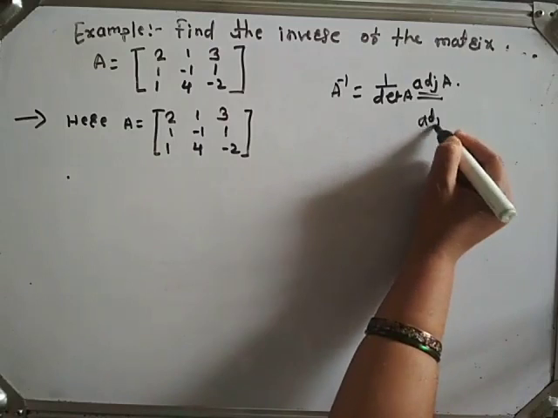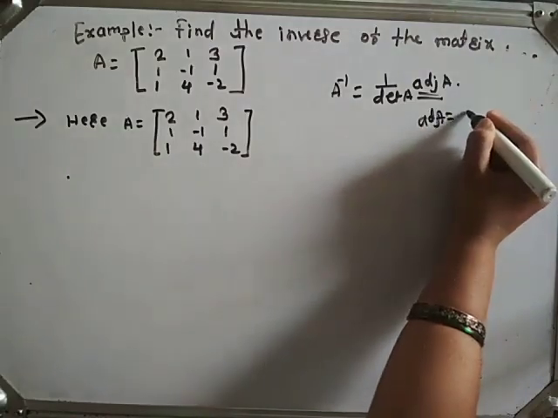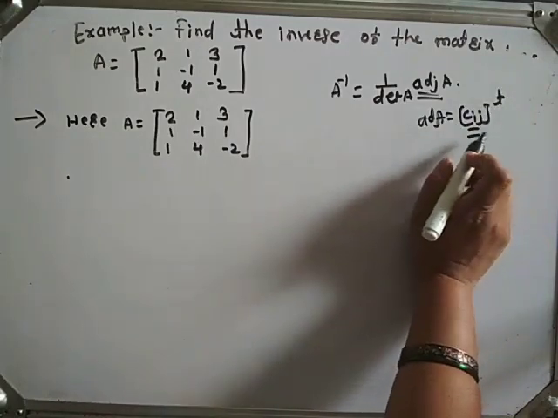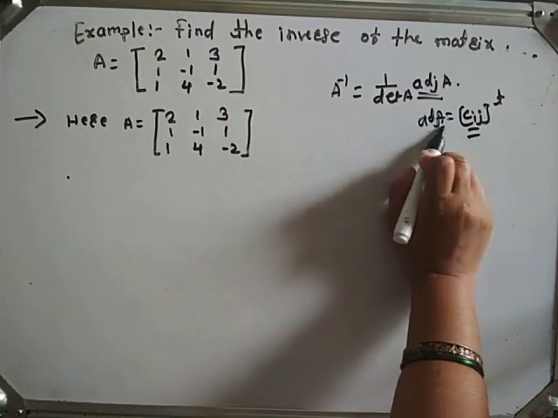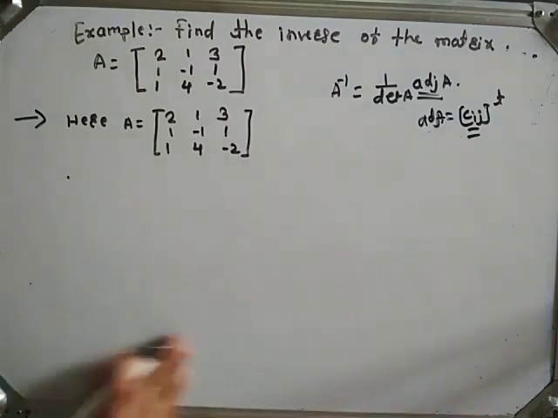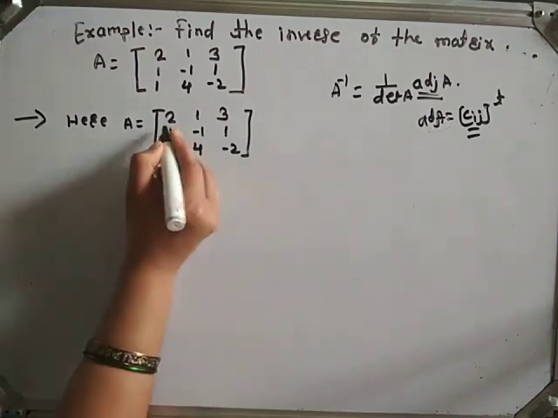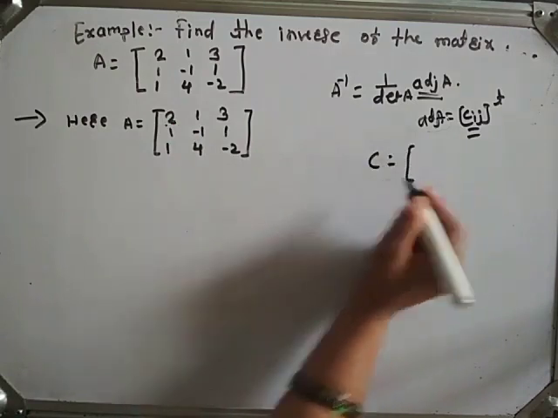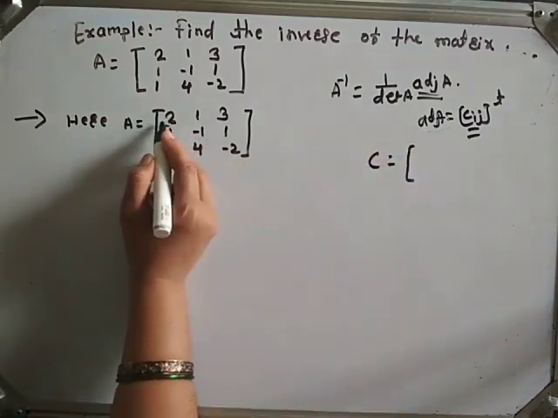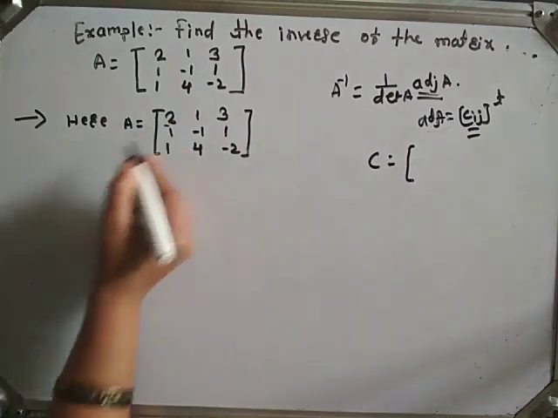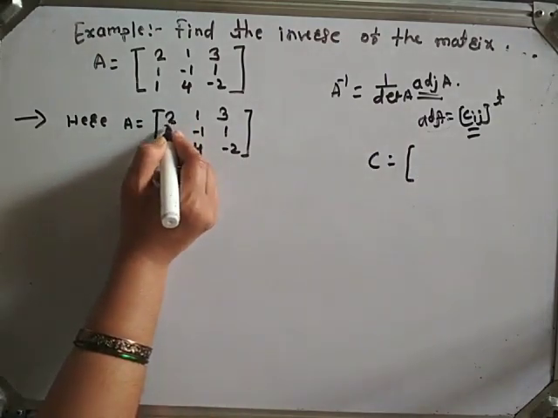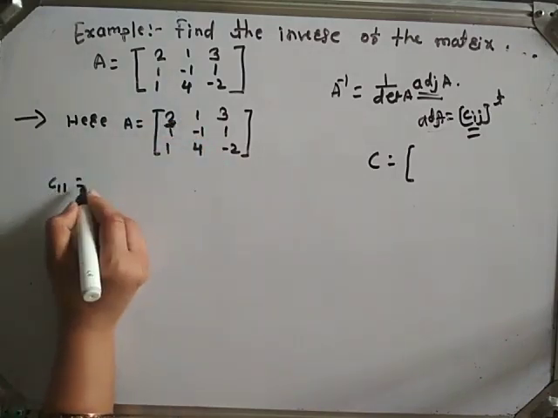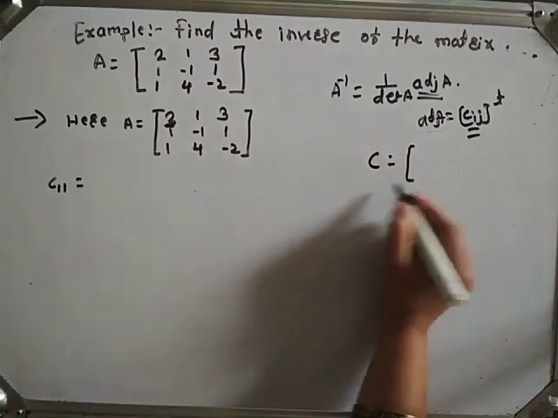Adjoint of A is nothing but the transpose of the Cij matrix. Cij means the cofactor matrix of matrix A. We have to find the cofactor corresponding to each Aij. First of all, we find the cofactor corresponding to 2. So C11, what is the formula for cofactor?